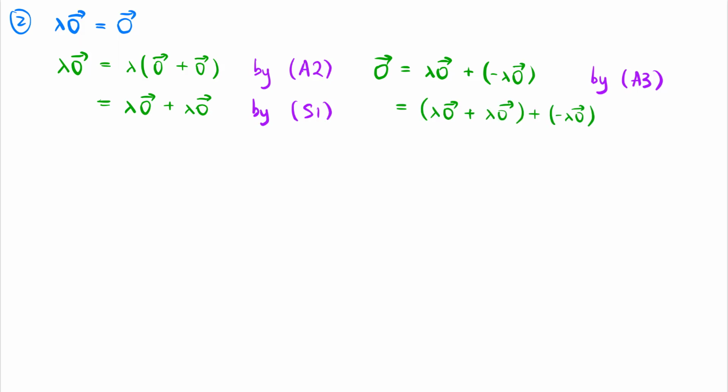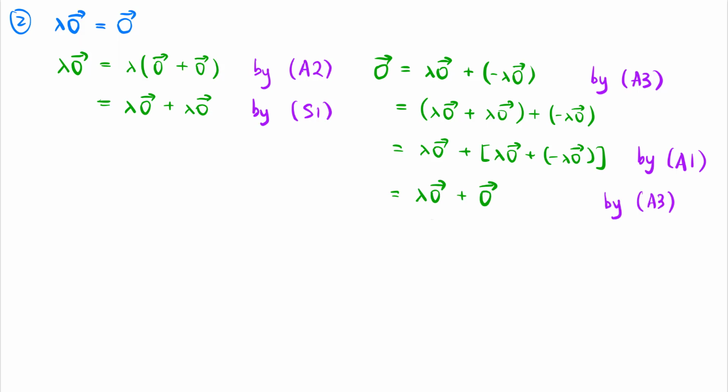Using the result on the left, we have (lambda times the 0 vector plus lambda times the 0 vector) plus negative lambda times the 0 vector. Again, we can swap the order of addition to give lambda times the 0 vector plus (lambda times the 0 vector plus (negative lambda times the 0 vector)). This equals lambda times the 0 vector plus the 0 vector using A3. Finally, this equals lambda times the 0 vector using A2.